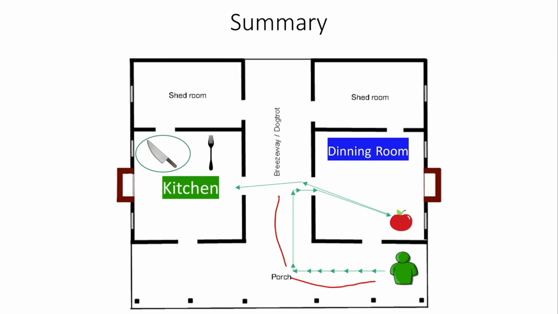So, with those two, we made our way to the entrance of the dining room, and we used repetition with conditions to find our fruit, which happened to be an apple. Then, when we found the apple, we kept the apple in our memory to remember later. Then, we went all the way to the kitchen, and we had to decide what utensil we had to bring.